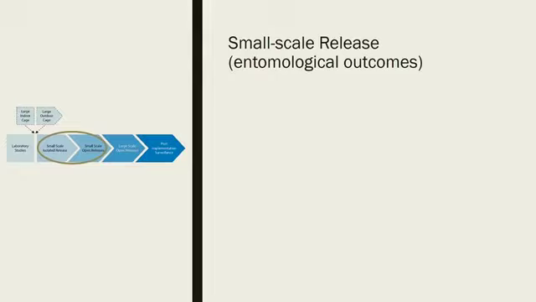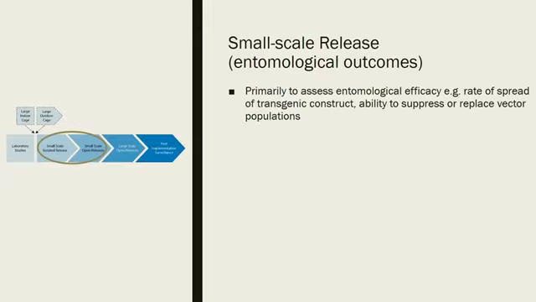So then we move on to the small-scale releases, looking at entomological outcomes primarily. So these experiments are done really to better understand the mosquitoes themselves and the drive mechanisms. So it's related to the rate of spread of the transgenic construct and the ability to suppress or replace vector populations.